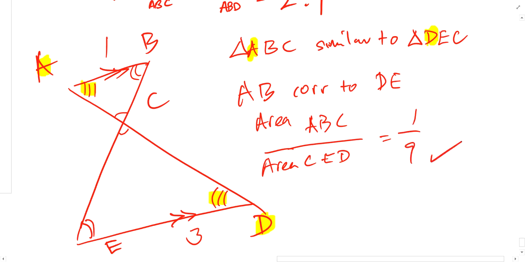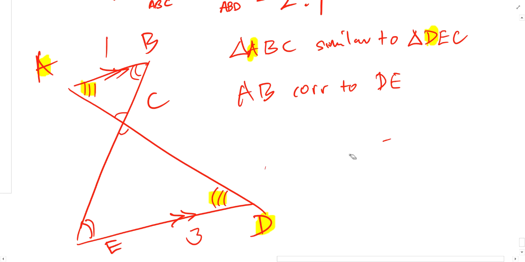What about AC over CD? What is it? 1:3, because these are sides.